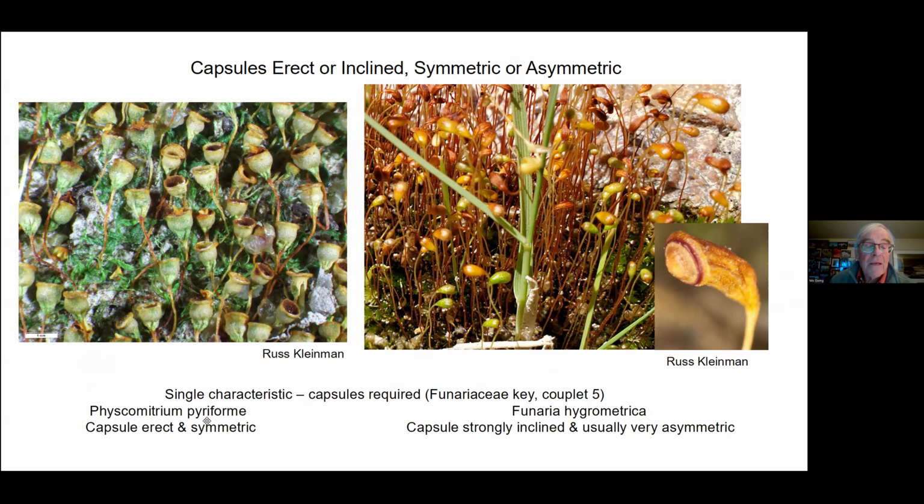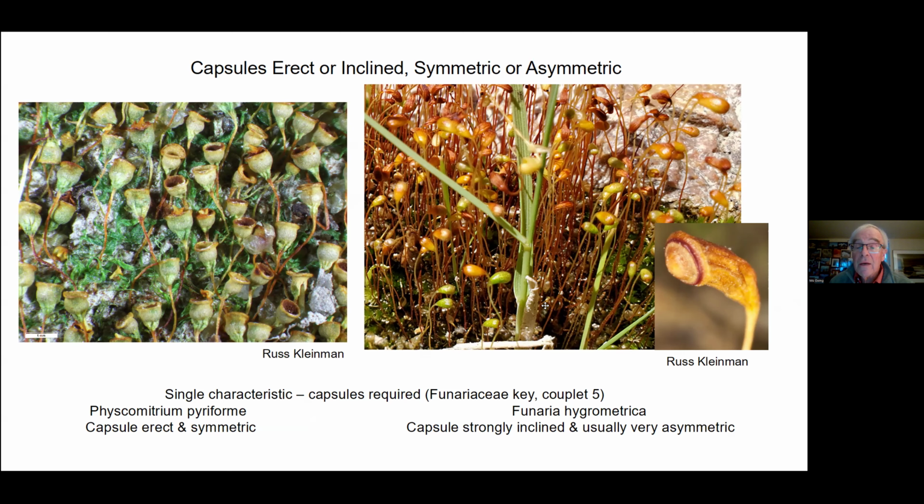So in the Funariaceae key in couplet 5, Physcomitrium pyriforme is separated from Funaria hygrometrica by saying in Physcomitrium pyriforme, the capsule is erect, and you can see that these are definitely erect from the seta.